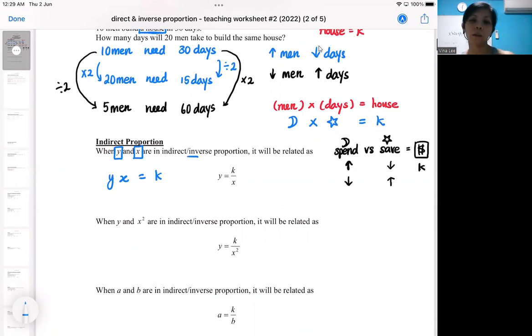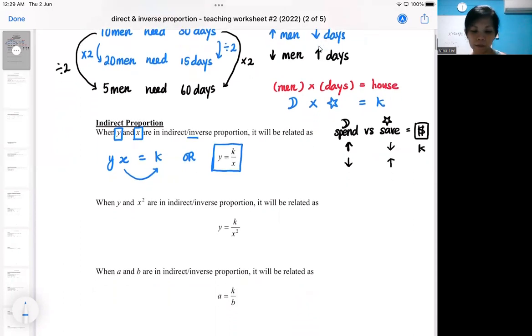If you prefer to see y as the subject, that means you prefer to see it as a formula of y, you can divide over. When you divide over, you can see it this way. So this is the setup for inverse proportion.